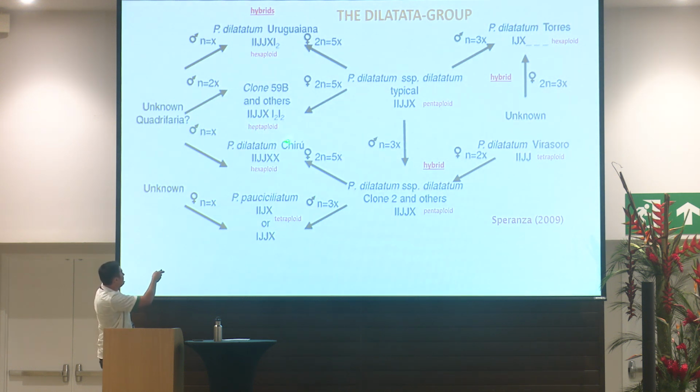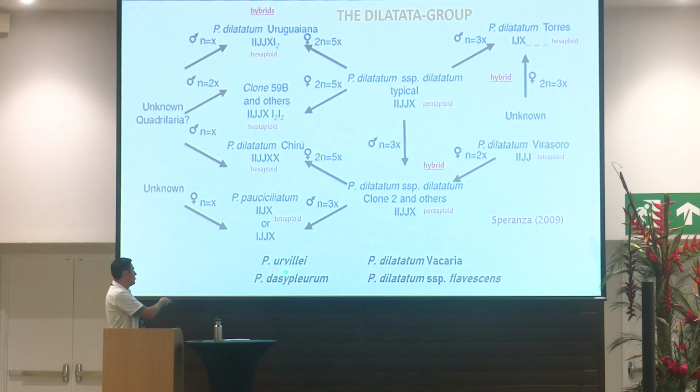And here the biotype Chiru was generated from crossing clone 2 with an unknown father from the Quadrifaria group, generating a hexaploid. And here we have a species that was already circumscribed, Paspalum, a tetraploid from crossing clone 2 and an unknown mother.